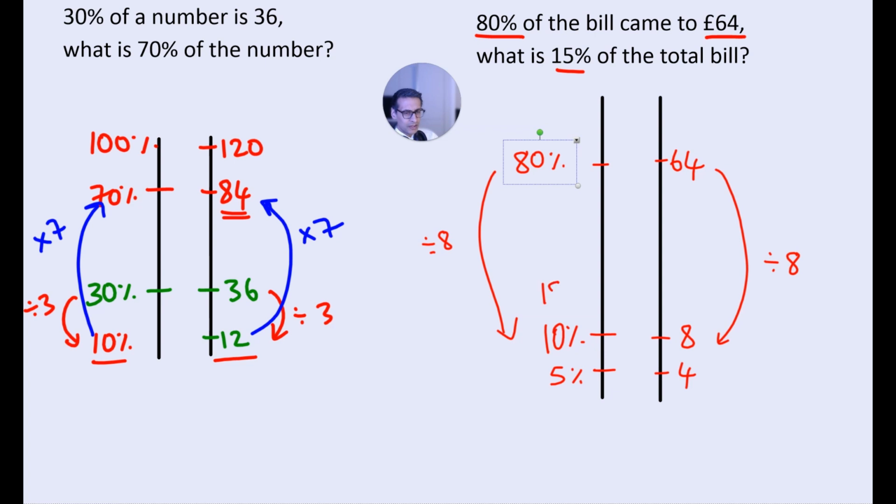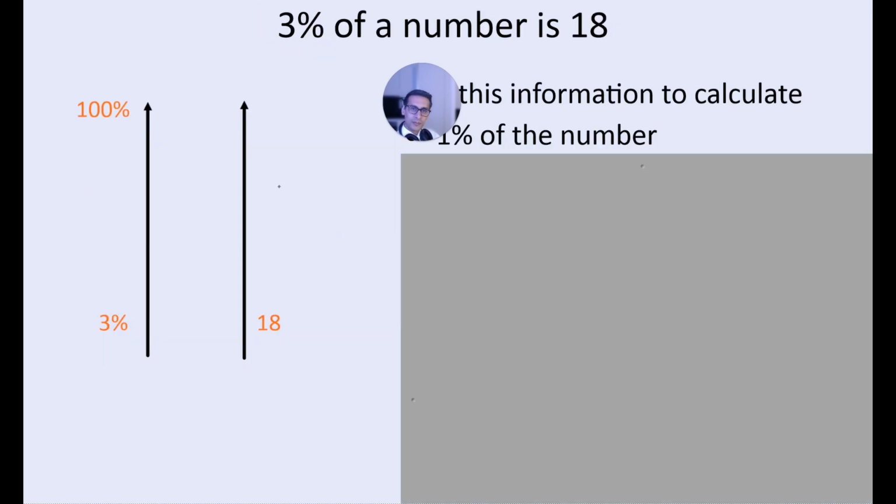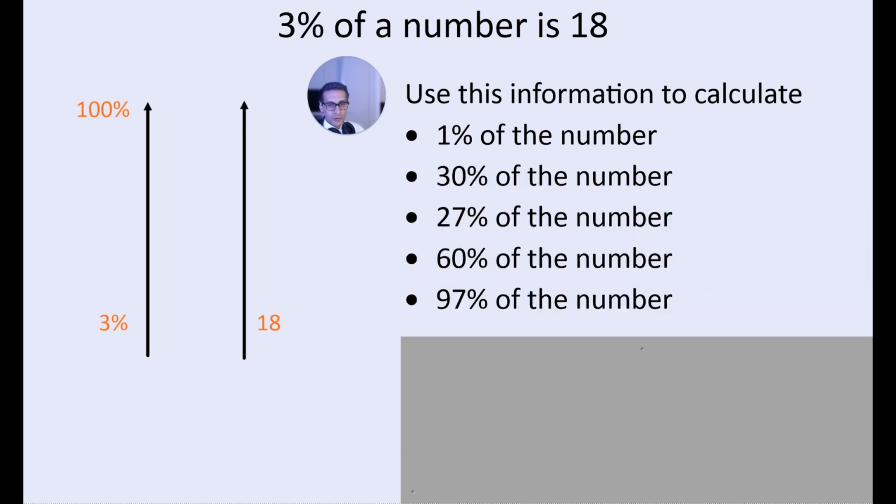And 15% is just going to be a combination of 10% and 5%. So 8 and 4, which is going to give us 12. And that's our answer. So 15% is 12. Okay, pause the video on the next question, which is here, and have a go with all of these.